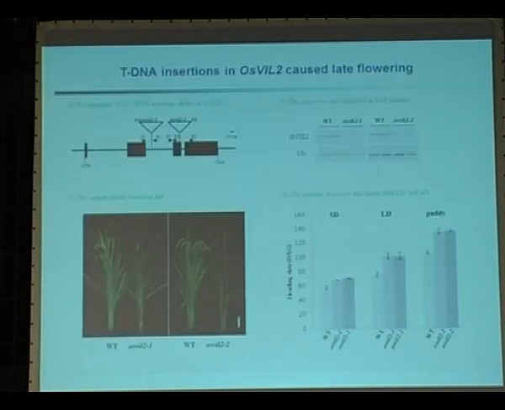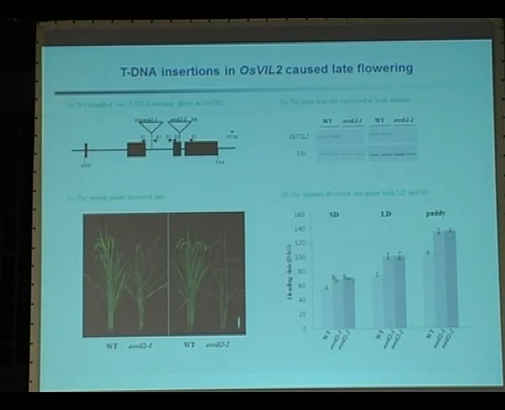We have 2 T-DNA insertional mutants. Very luckily, it's easy to study for phenotype. This is a null mutant because there's no expression in the mutant. The phenotype of the T-DNA mutant line shows late flowering.